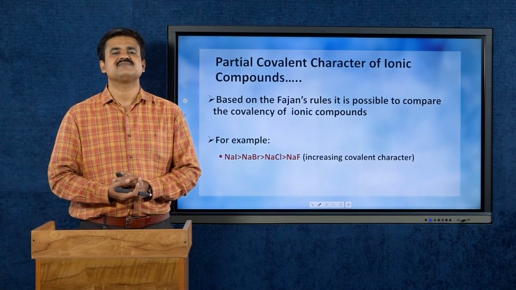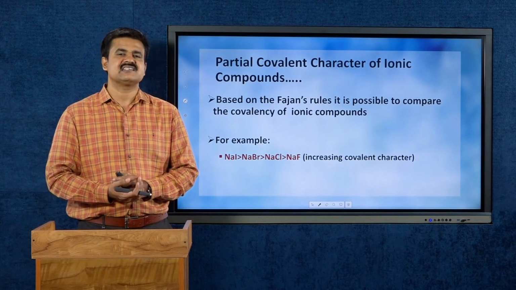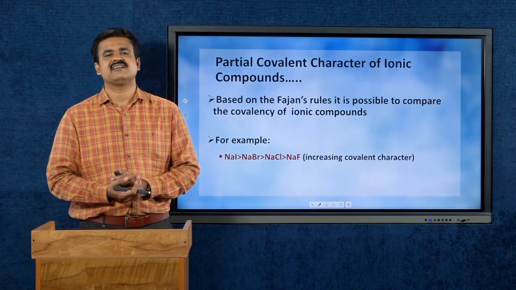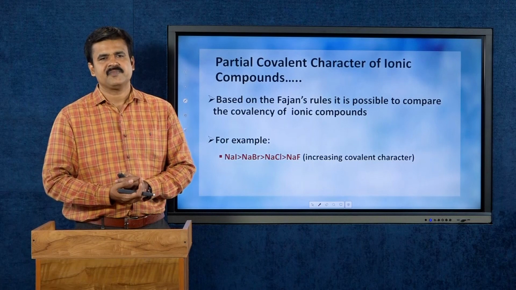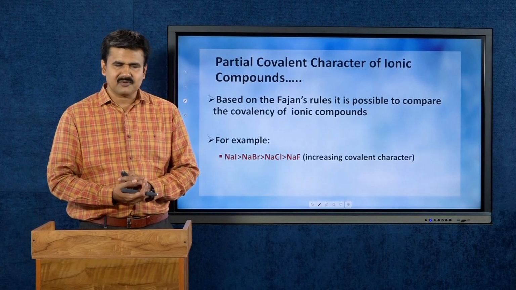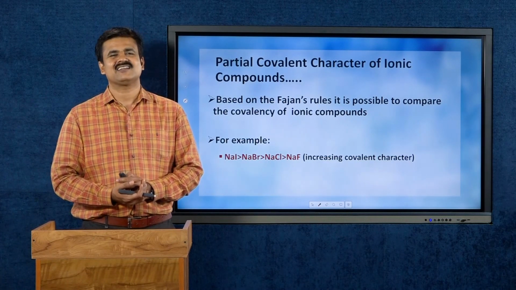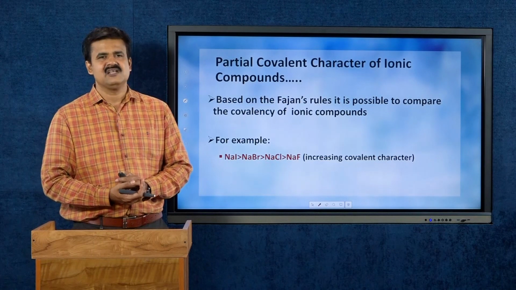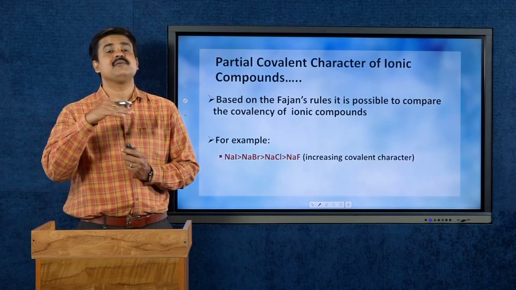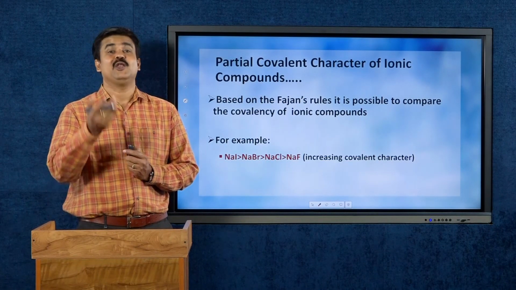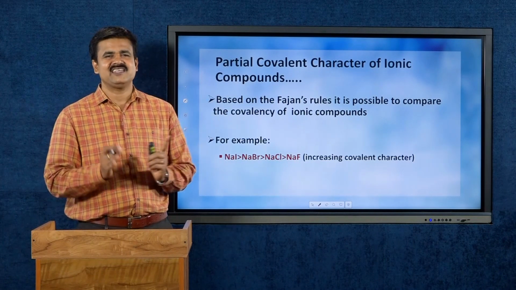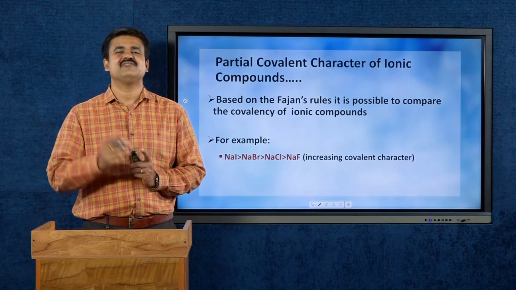From this arrangement, it is very clear that sodium iodide is associated with very high covalent character and sodium fluoride is associated with very low covalent character. That is, the highest ionic character is associated with sodium fluoride. The highest covalent character is associated with sodium iodide. Covalent character and ionic character are mutually opposite to each other. High polarization leads to covalent character, low polarization leads to ionic character. So it is very clear, NaI is more covalent and NaF is more ionic.